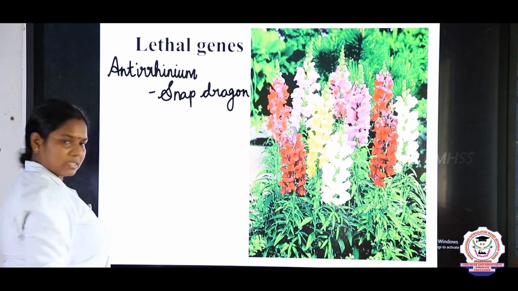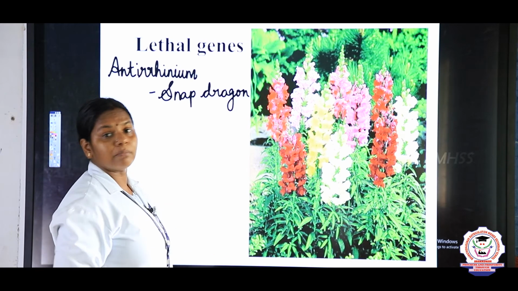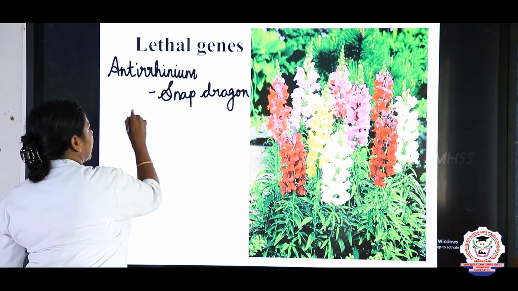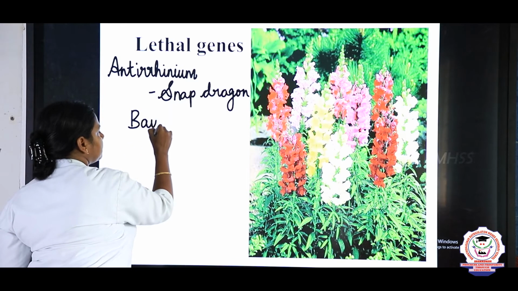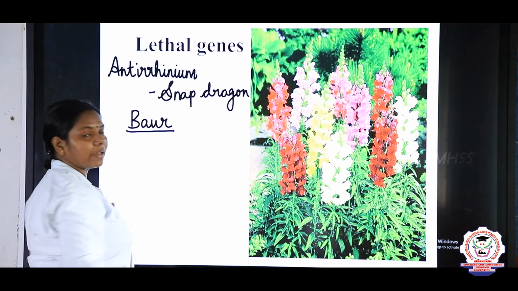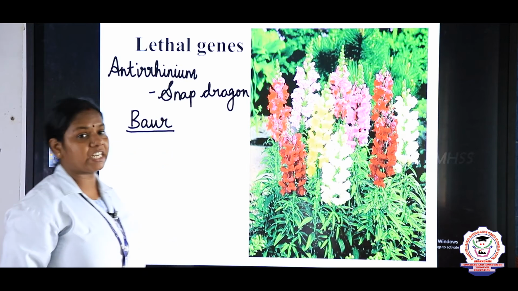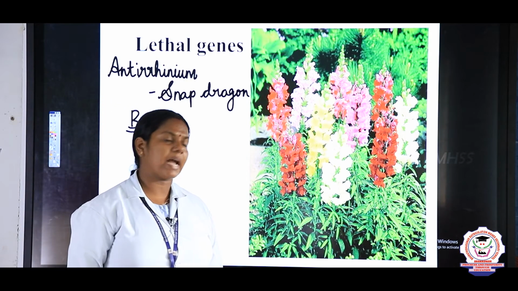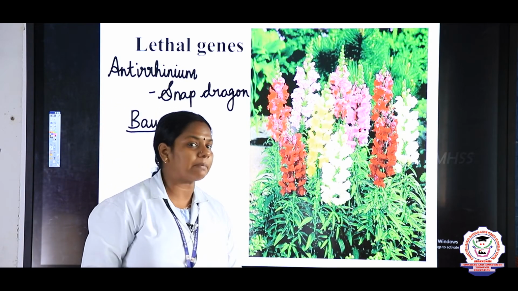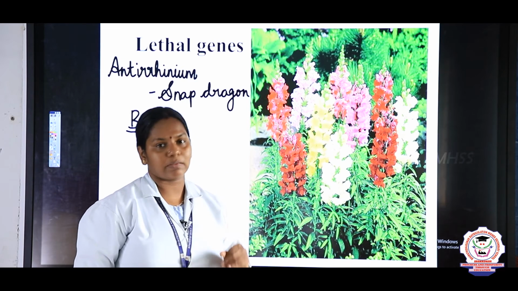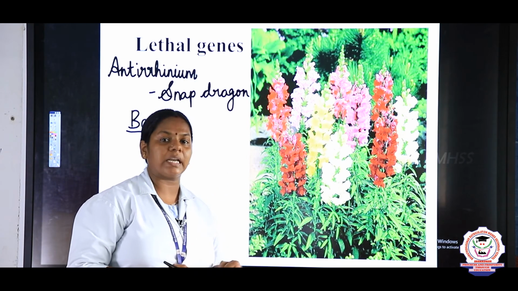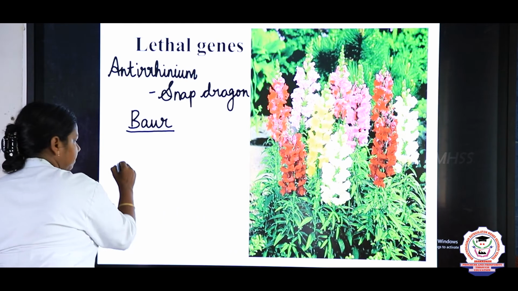Snapdragon. Right. The scientist's name is Baur, B-A-U-R. He demonstrated the experiment to explain the lethal genes. In the snapdragon there are three kinds of plants.